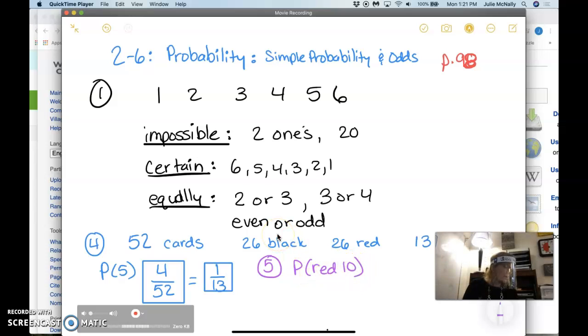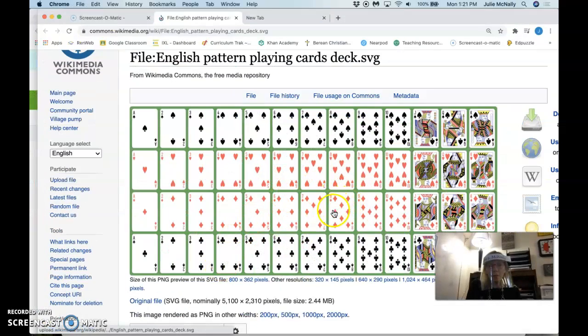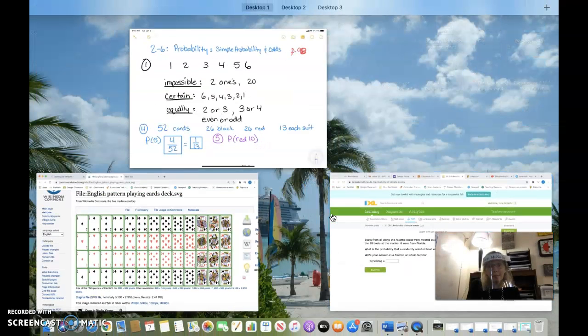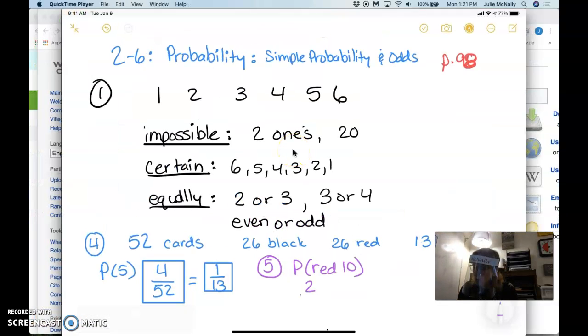So if we go back to our cards, how many red 10s are there? 2 red 10s. And how many total cards are there? 52. So it's always going to be out of 52 when we're talking about the entire deck of cards.